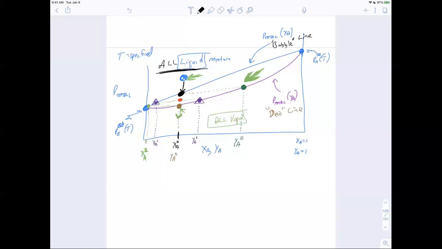Okay, so we constructed the phase diagram last class in full for a binary system, and here is the phase diagram that we ended with. It's really at a specified temperature, because that's one of the degrees of freedom that we chose to use. That leaves us with 1 degree of freedom in this case, and that could be pressure or composition.